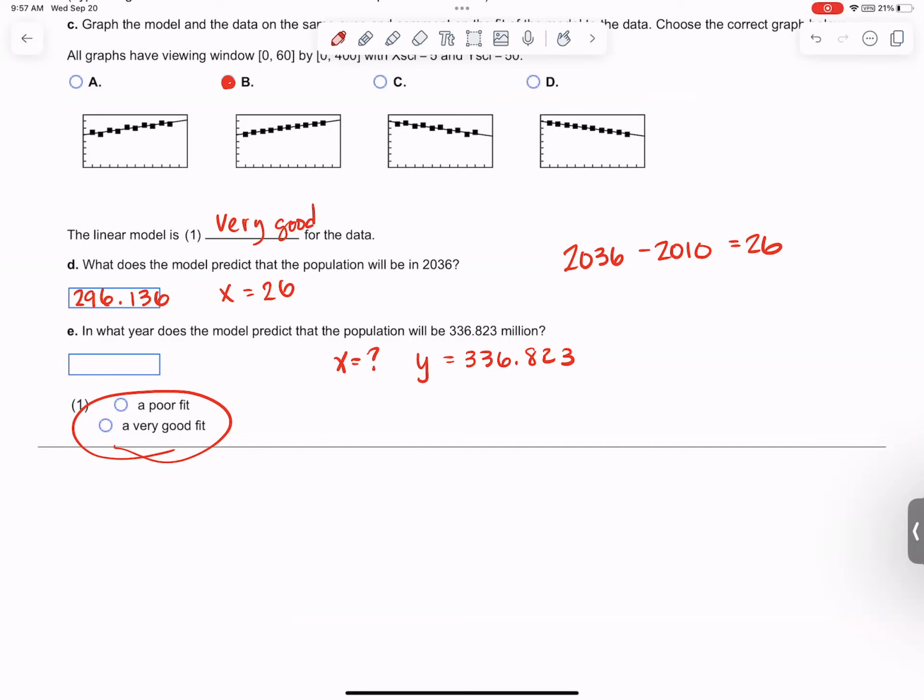So we're going to graph in our Y equals 336.823. We're going to graph that horizontal line. Then when you hit the graph button, you see where it intersects? Intersects right there. So we're going to calculate that intersection.